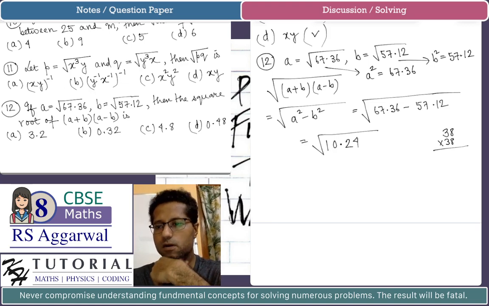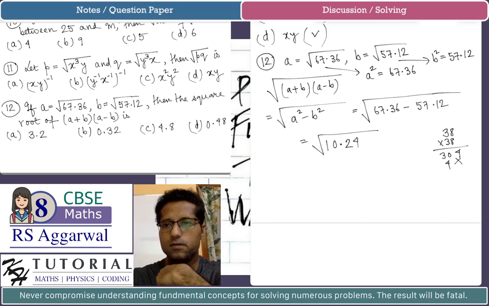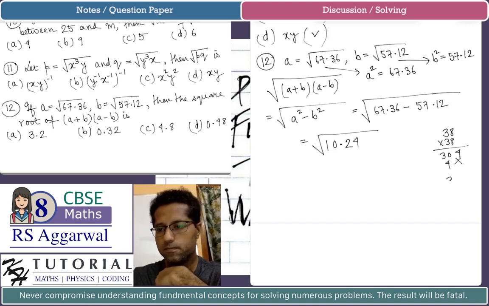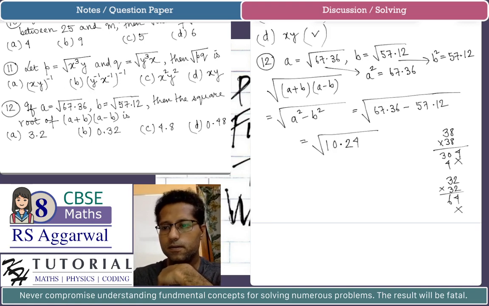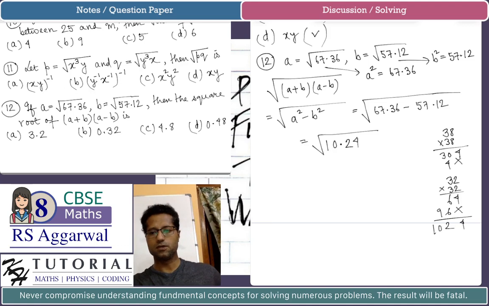Let me see. 32 multiplied by 32, 64, 96. Yes, it is 32 square. Now 1024 is 32 square.